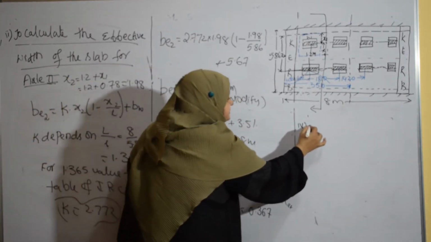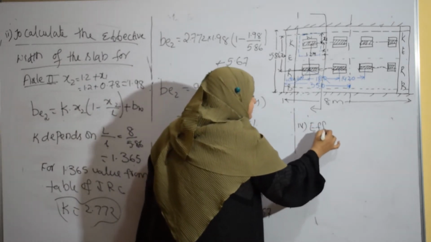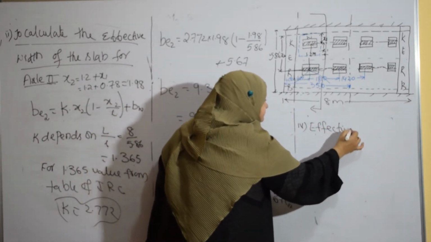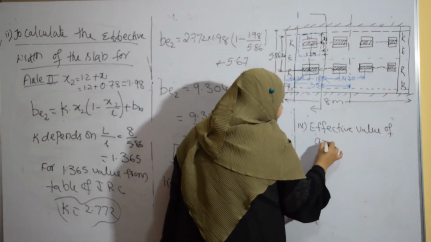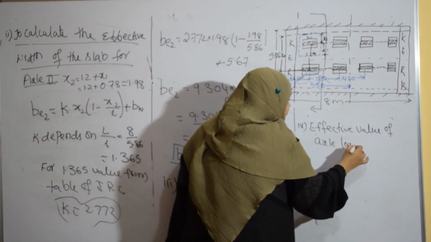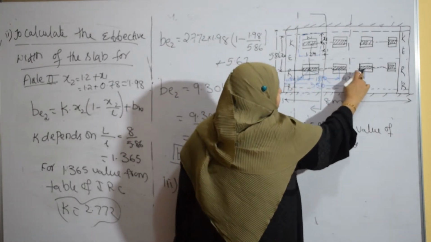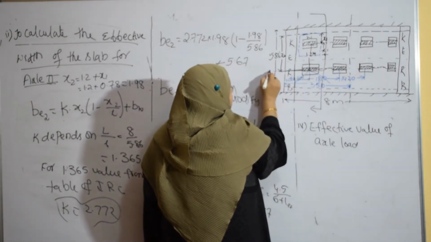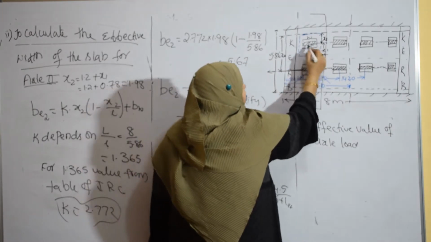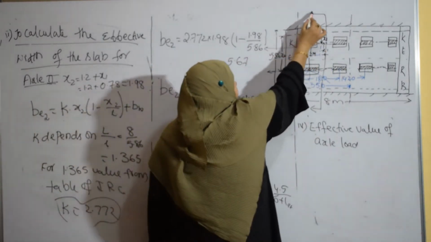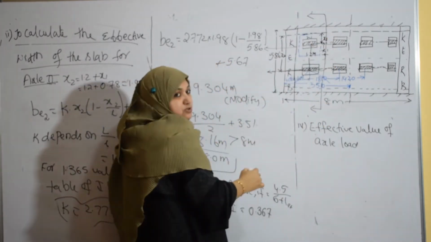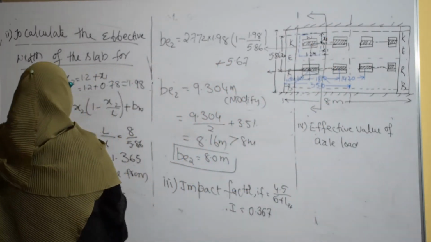So here it is the effective value of axial loads. There are two axials. This will come as a concentrated point load here, and these two axials will come as a concentrated load here. I have to draw a section cutting these two, then you will understand it in a better way.